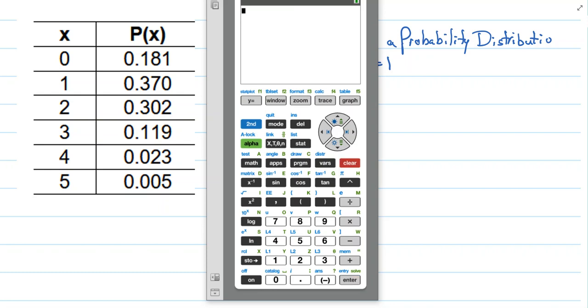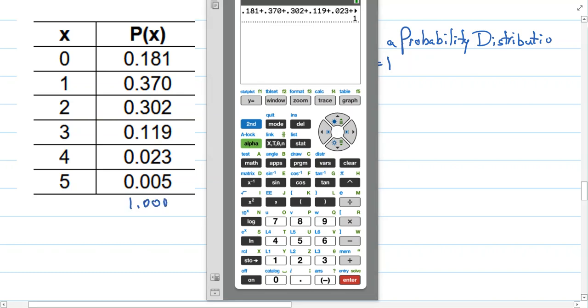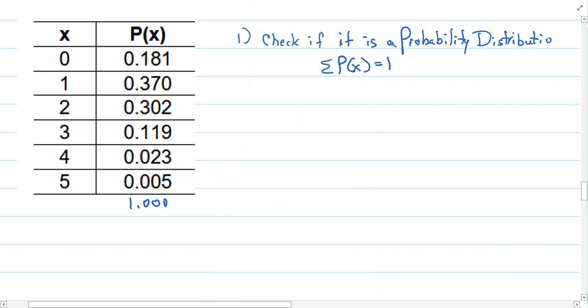So I'm going to enter the 0.181, 0.370, 0.302, 0.119, 0.023, 0.005. I get 1. It does. So we can continue.